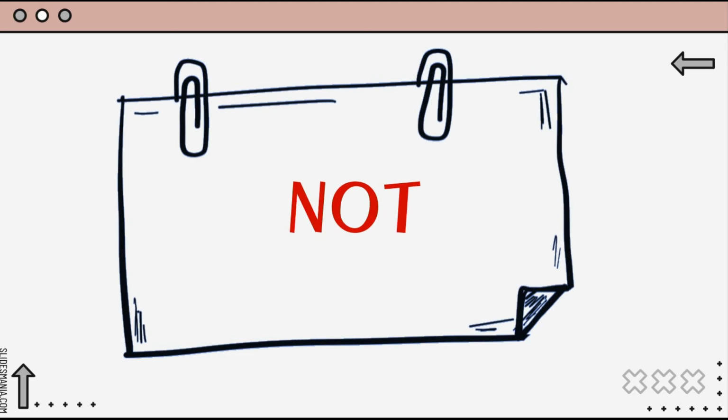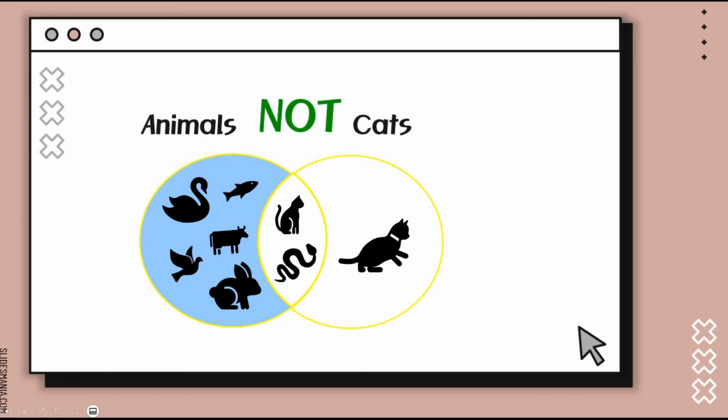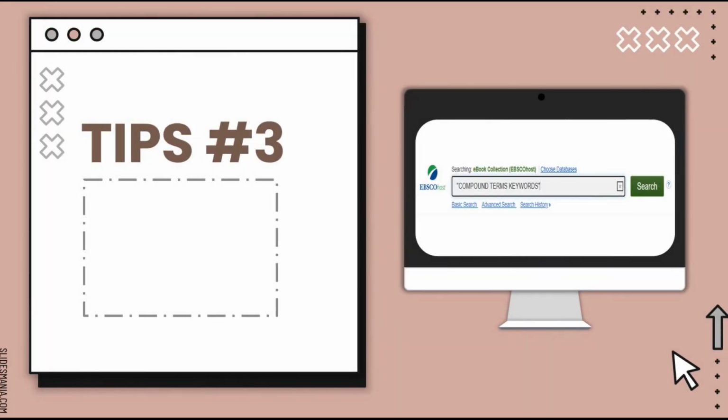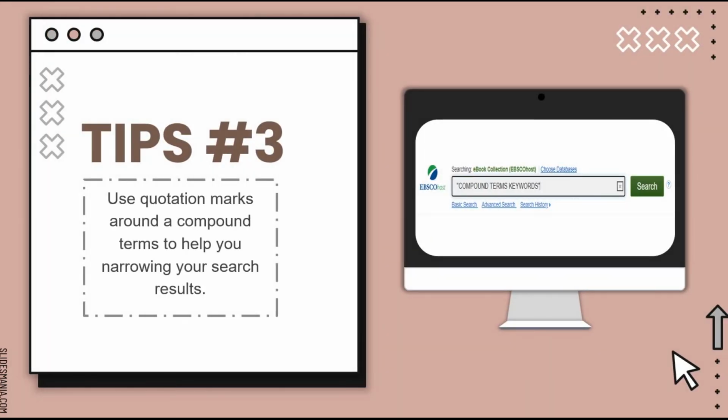For example, if I want to retrieve information about animals, not cats, even though I actually love cats so much, using NOT will eliminate what I don't want, saving my time and energy I would have otherwise spent combing through my results. The third tip is be careful about doing searches that are too broad or too narrow.